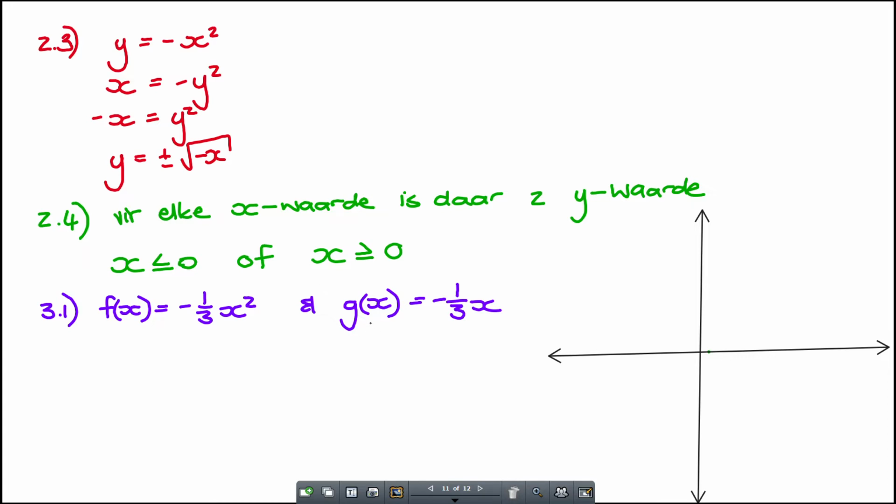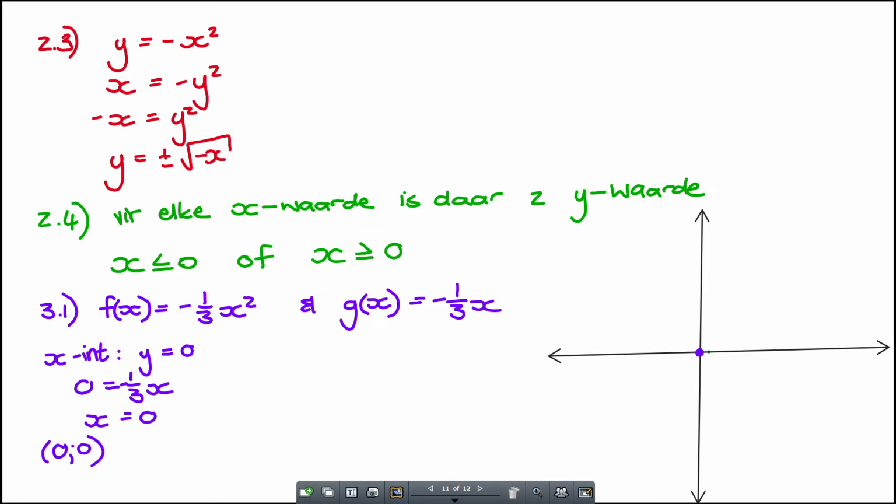At g(x), we said to get the x-intercept, I'm going to make y equal to 0. Nee, so dan gaan ek hê 0 is gelyk aan minus 'n derde x. Wat gaan x dan wees? It would still just be 0. Nee, okay. So if x is 0, then y will be 0.